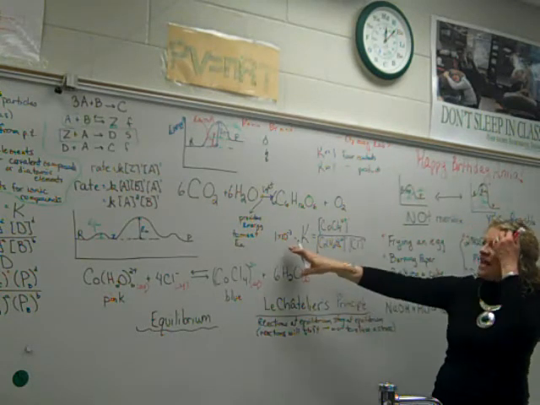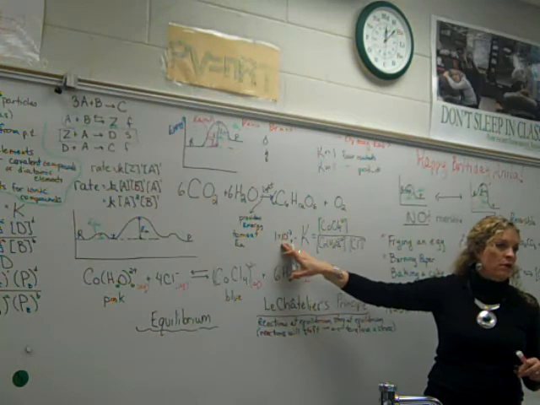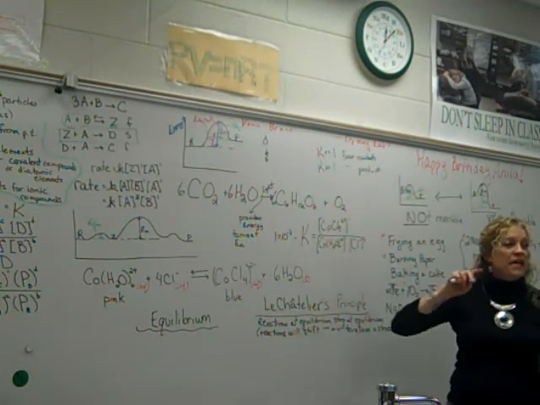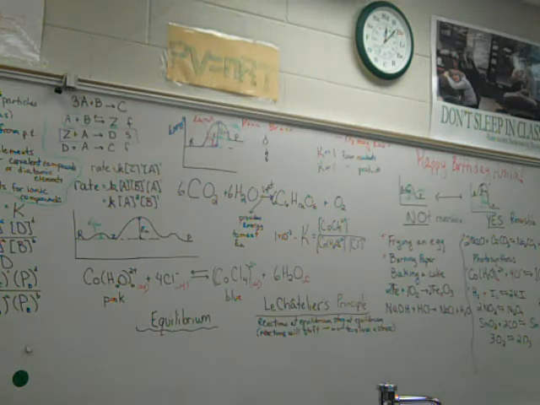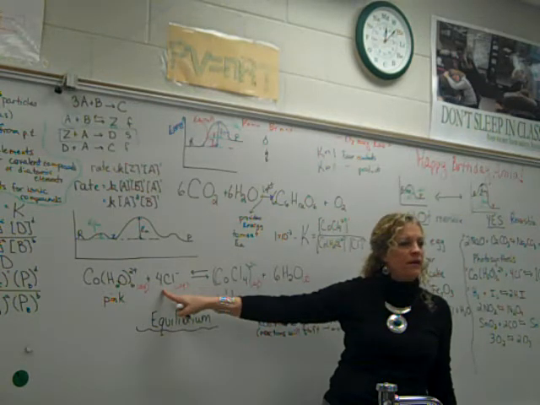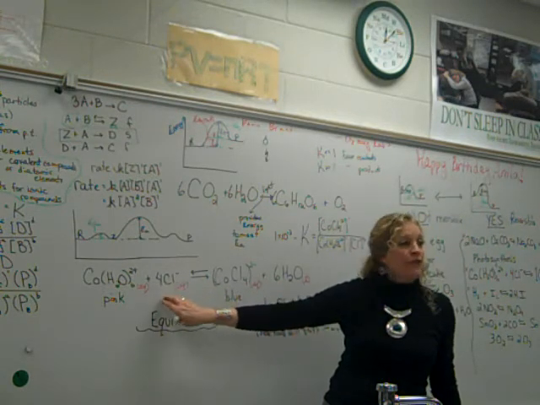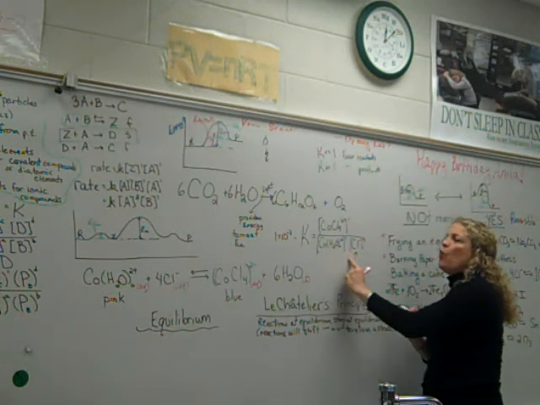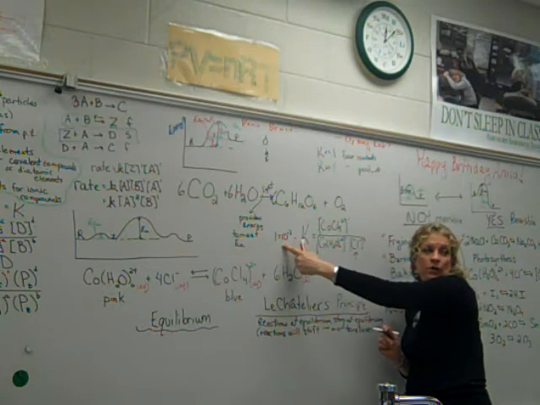All right, so if I say it's 1 times 10 to the negative 3, it forms an equilibrium. Now, if I think about the stress that we did in the beginning of the demo, we added the chloride. Did we add the chloride, Brandon? Yeah, we did. So if I upped this number, what is it going to do to this value?